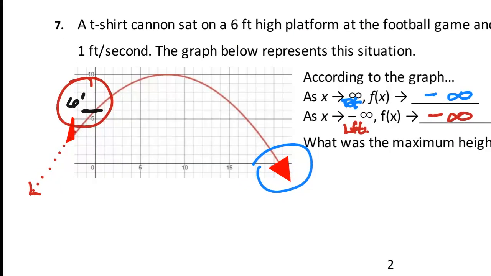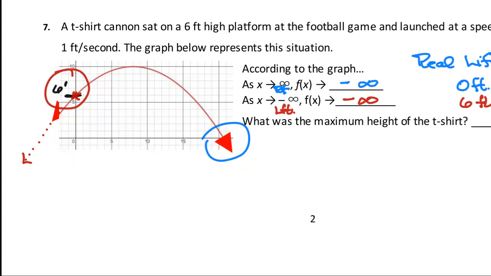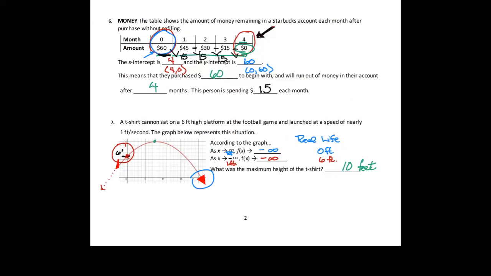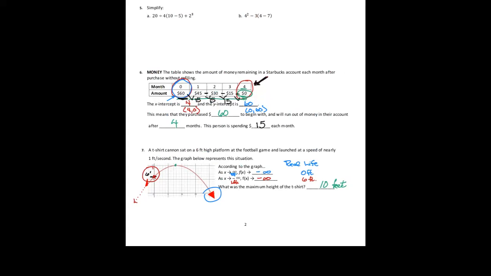Is it here, right here, 6 feet? I think it goes higher than that. 10, yes. Right up here. That would be its absolute maximum. So that is 10 feet. Does that make sense to everybody? The high point, it reaches 10 feet.